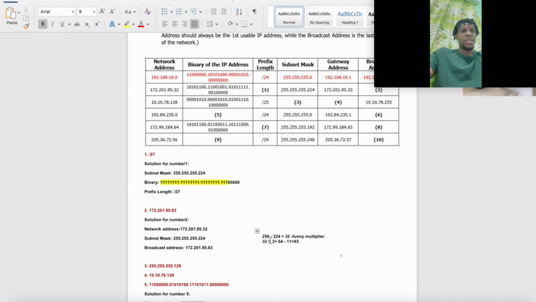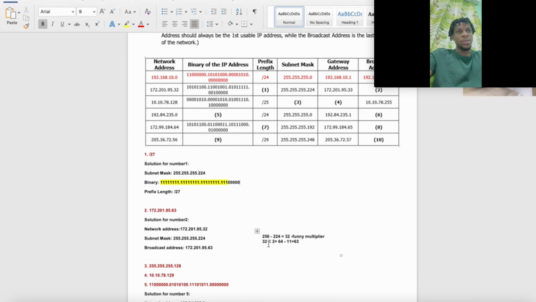So now to get this solution: 256 minus 224 equals 32. That is the block size, or multiplier. The 32 is the answer.